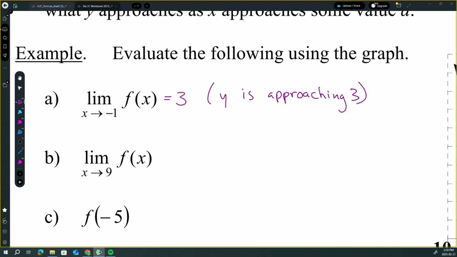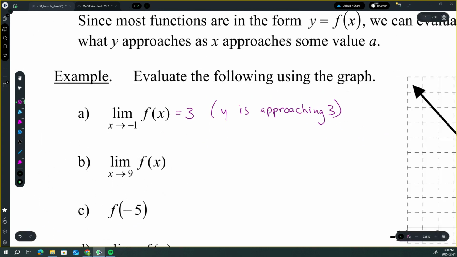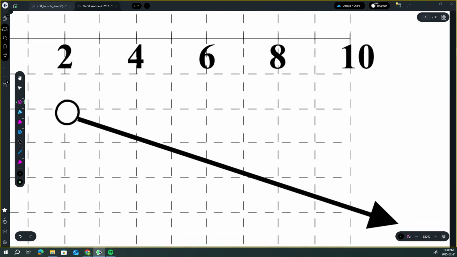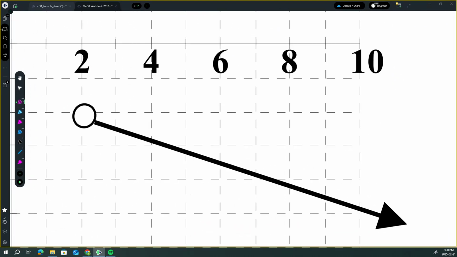Okay. Now we'll do the same thing for b. So figure out the limit of f of x as x approaches 9 from both the left and the right-hand side. Let's find x equals 9. That's going to be right there.